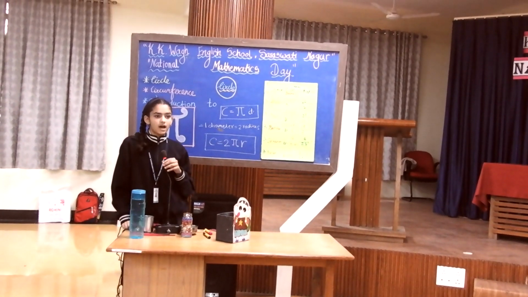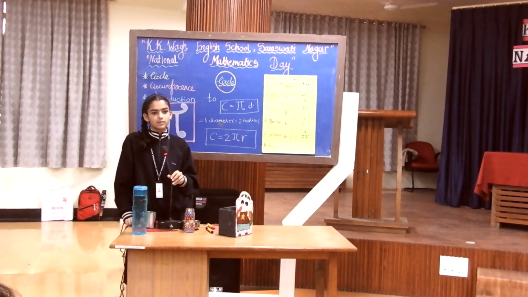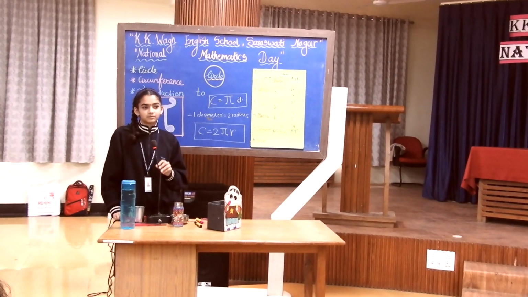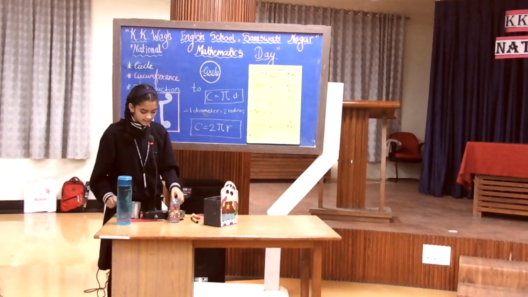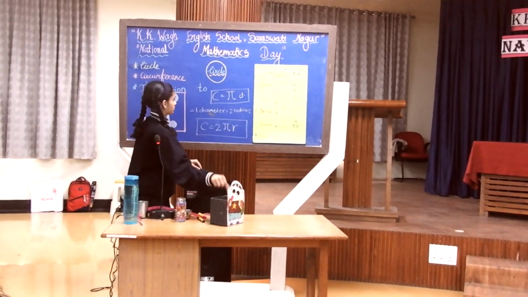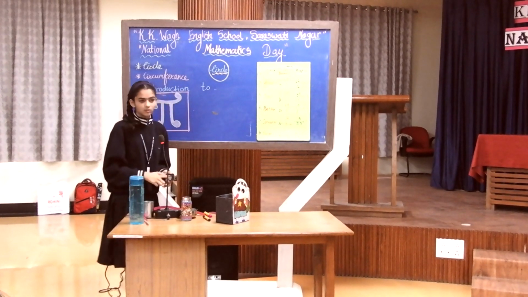If the circle is having 14 centimeter diameter, then what will be its circumference? But how will we write it on the paper practically? Can anyone tell?